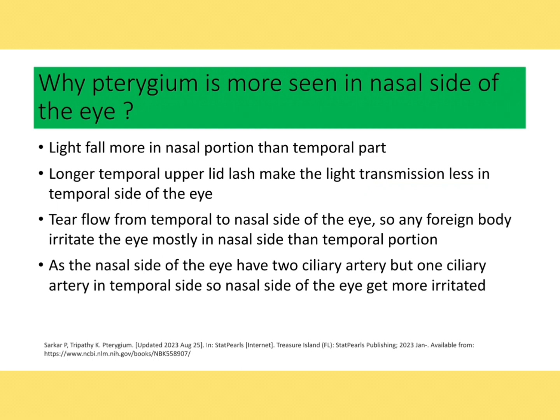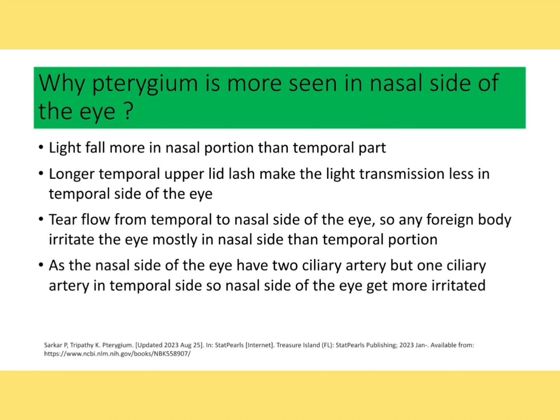This can lead to formation of pterygium in the nasal portion more than the temporal portion of the eye. Second, longer temporal eyelashes make light transmission less on the temporal side of the eye, and in the nasal portion the eyelashes are very short. So this is the reason that more light falls on the nasal side.